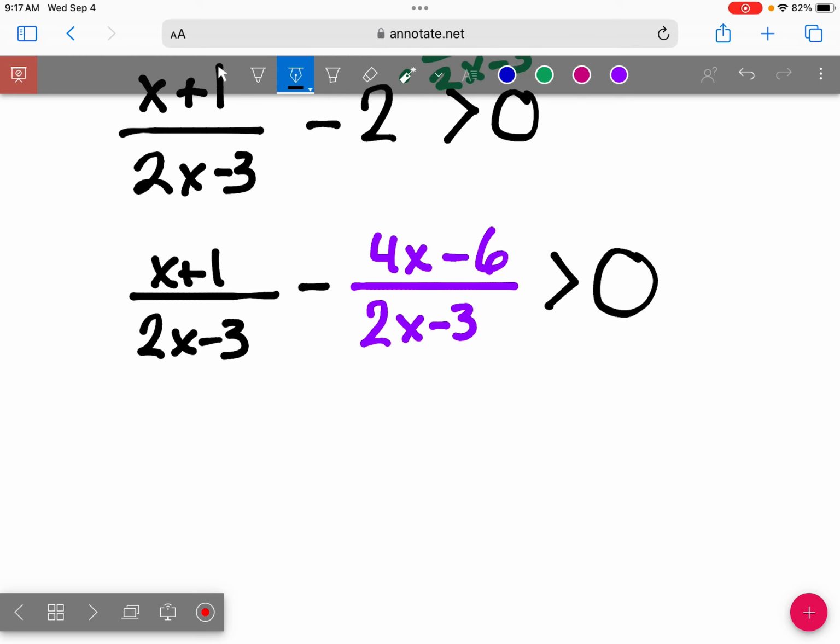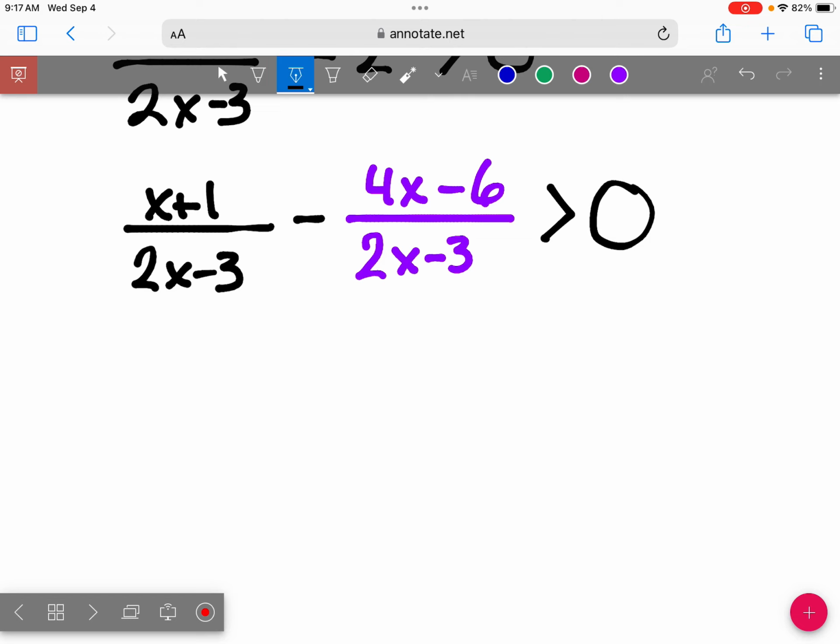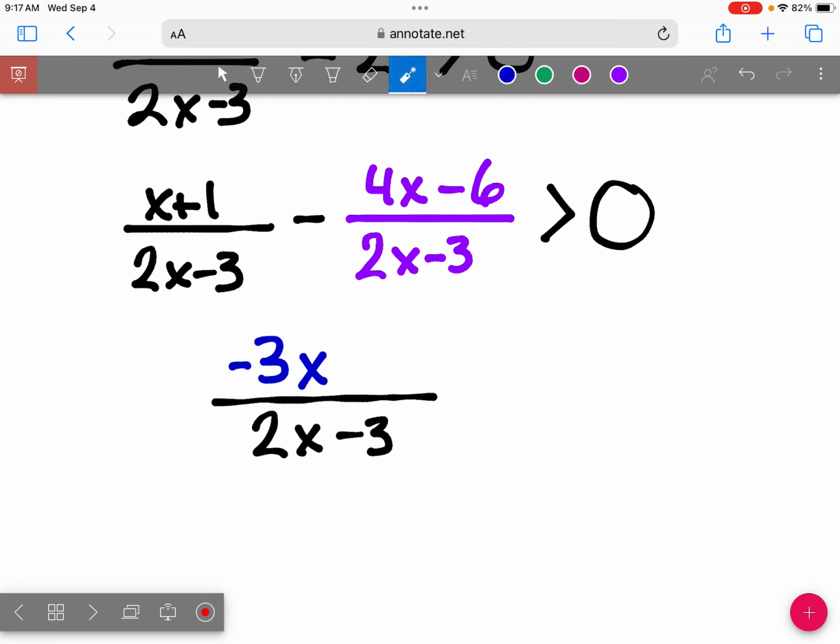So now that I have those as common denominators, our denominator is 2x minus 3. We have x minus 4x, which is negative 3x. 1 minus negative 6 is positive 7.